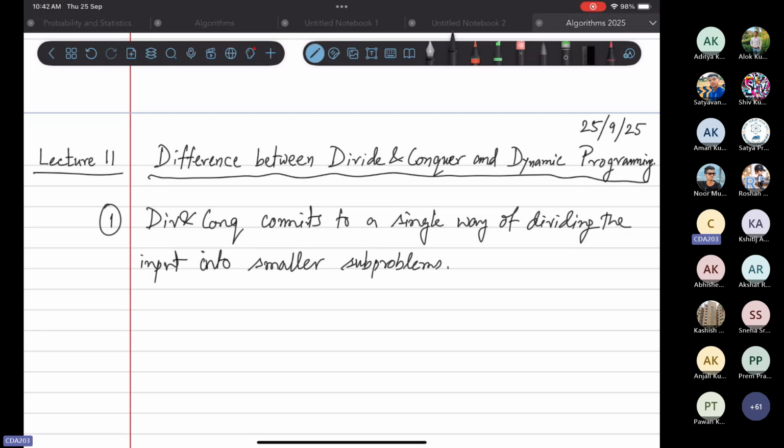Once it decides that, it keeps on doing the same division again and again, right?